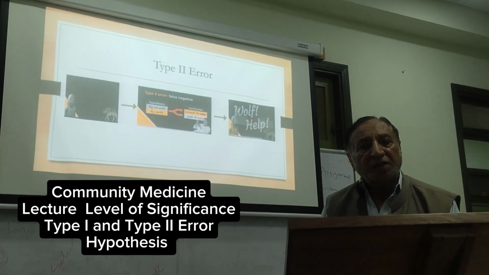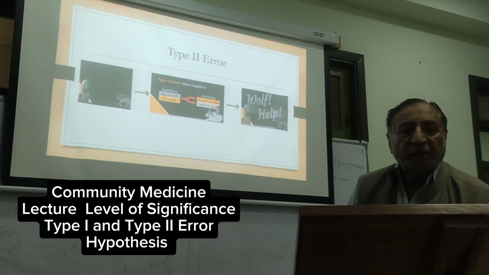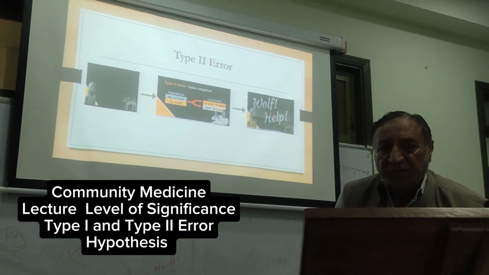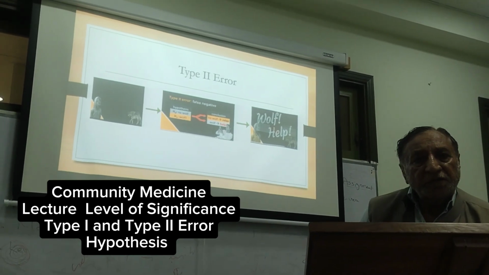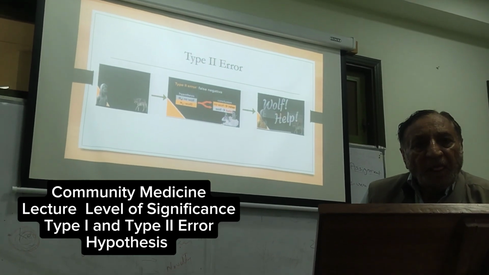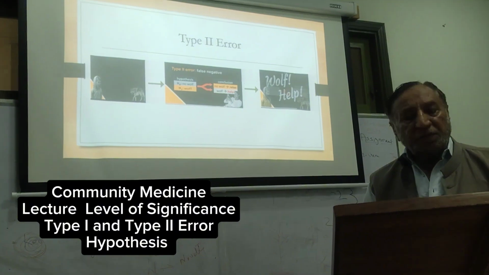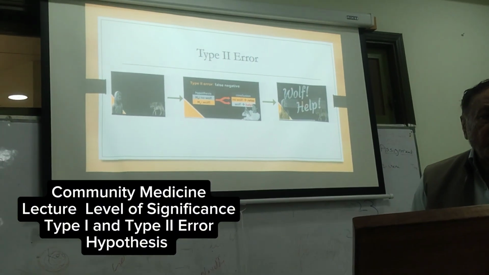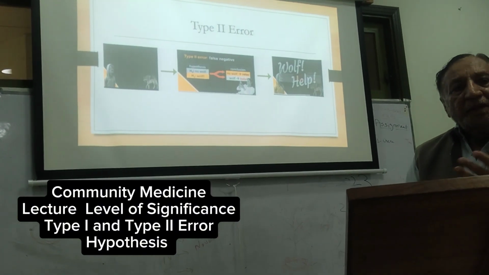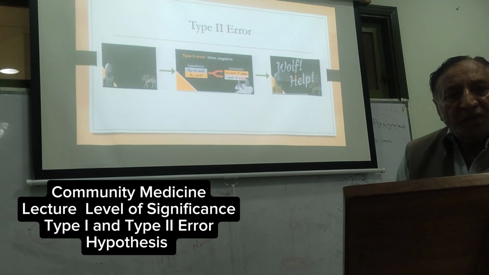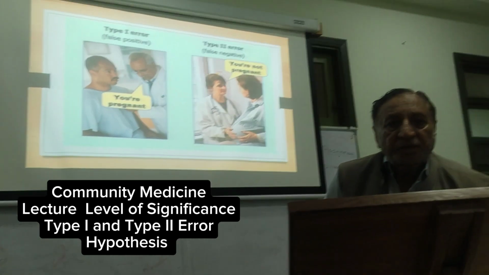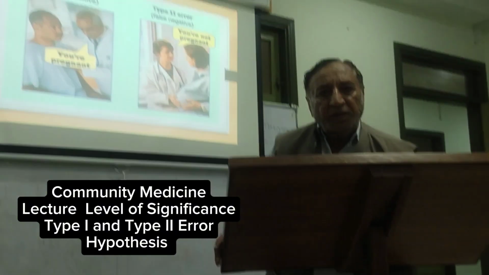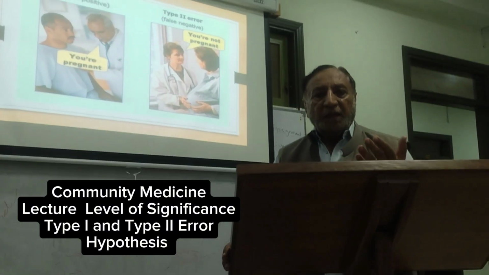And if we reject it, then we are making a correct decision. And in the type 1 error, the wolf was present, and we could not actually identify that the wolf is present.